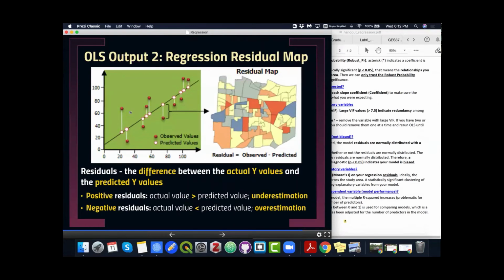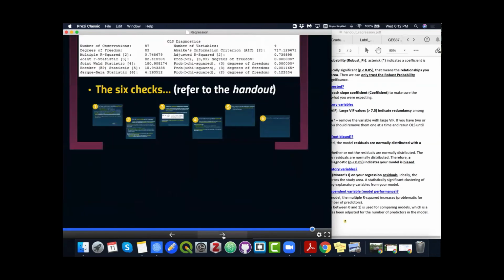I think I mentioned this, part of your output from the regression model in ArcGIS is a regression residual map, and some residuals will be positive and some negative. That's something we went over last time. Ideally, we want the pattern to be random. Last time many of you pointed out that we need to run Moran's I to determine that.